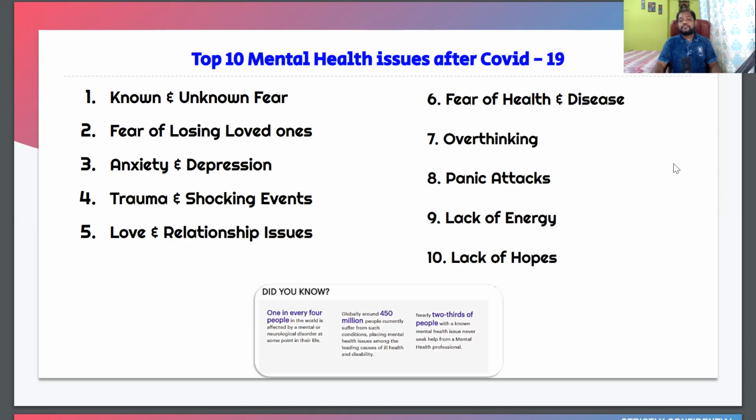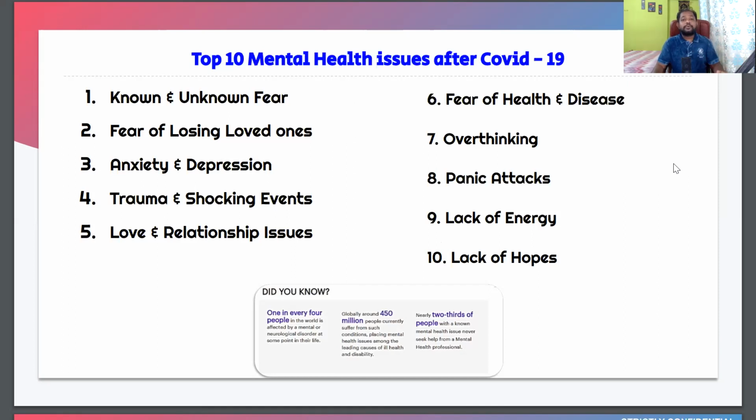Moving to the next, fear of health and diseases. Certainly, we have seen many people got impacted due to COVID-19. The fear of health and diseases increased because the people who were fit and fine till that time got impacted drastically, which increases the uncertainty around diseases and health issues.